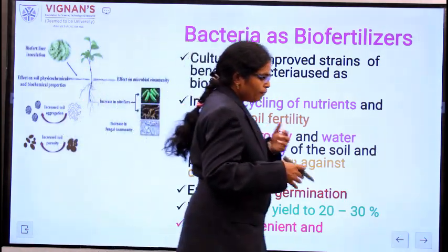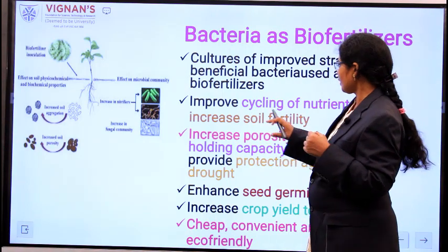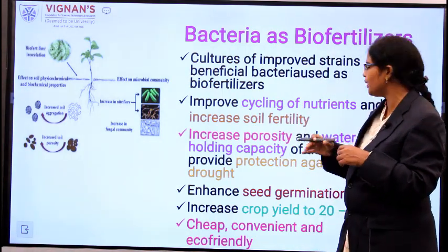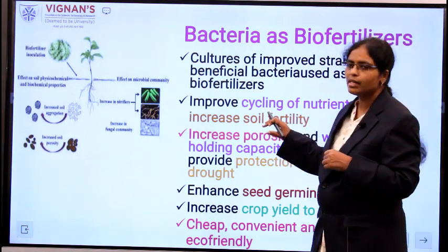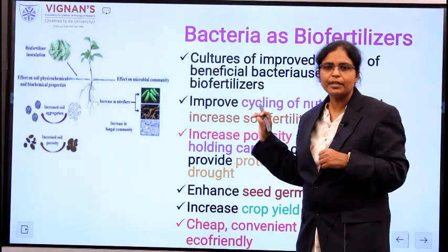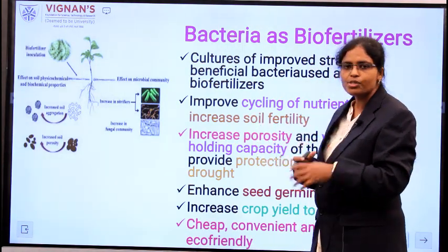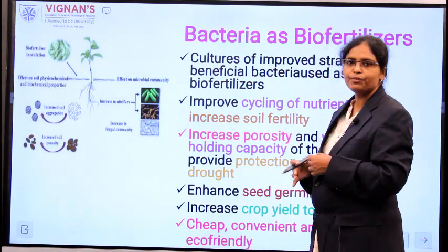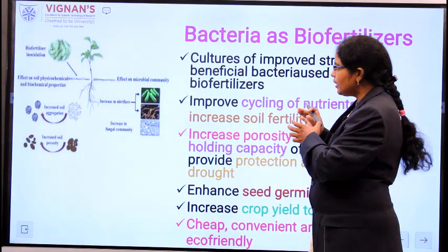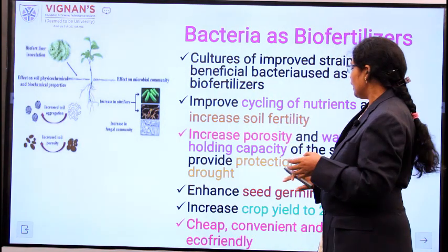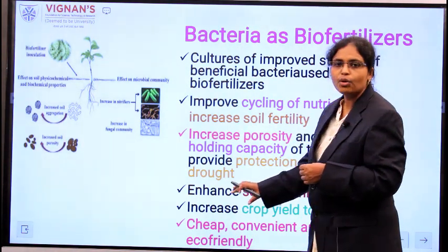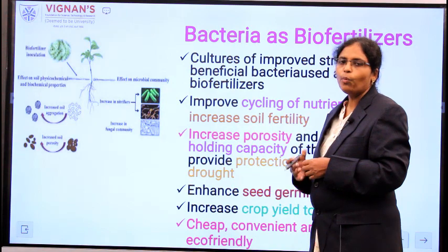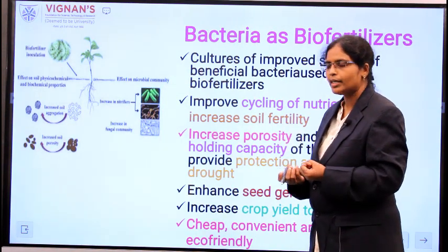These biofertilizers improve the cycling of the nutrients and increase the fertility. Not only fertility, they increase the porosity of the soil and the water holding capacity of the soil. And these biofertilizers can be used in drought conditions also, where the water content is very low.